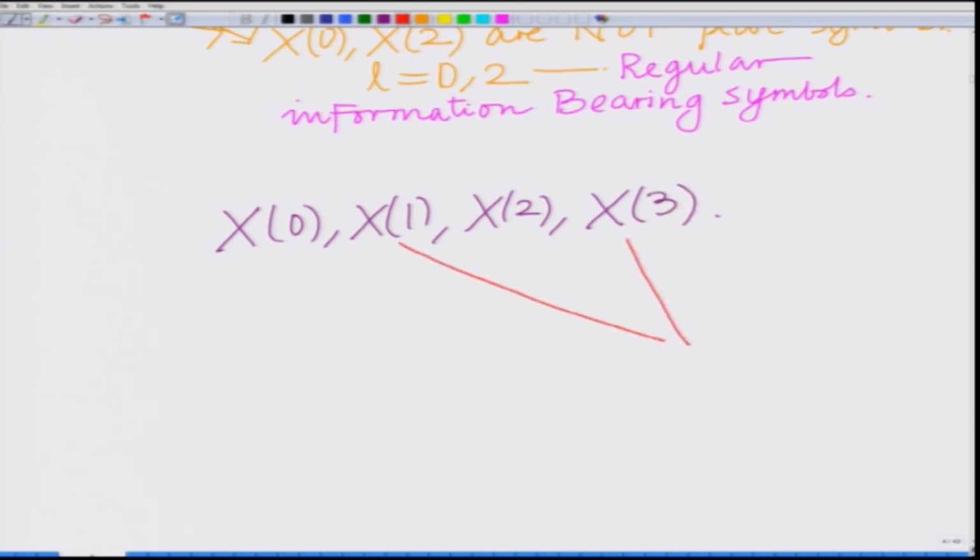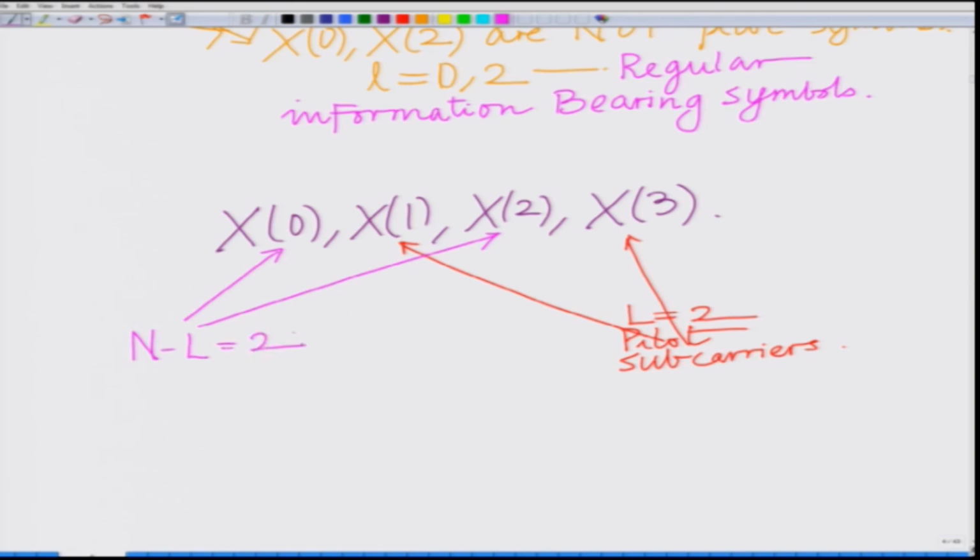Out of these, these are your L equal to 2 pilot subcarriers, and interestingly, these are the information symbols, in fact N minus L equal to 2 information subcarriers.